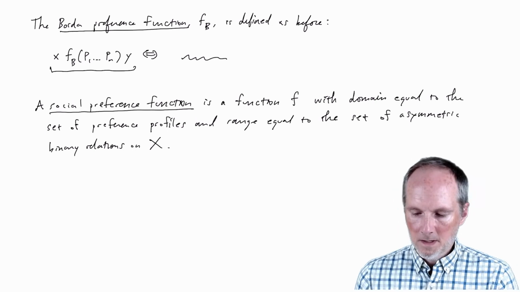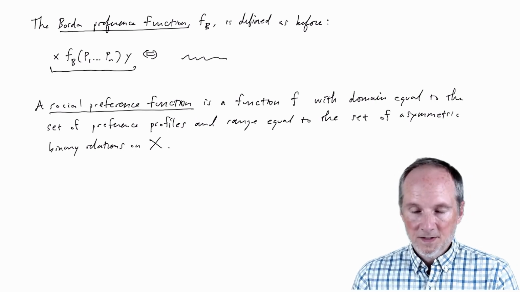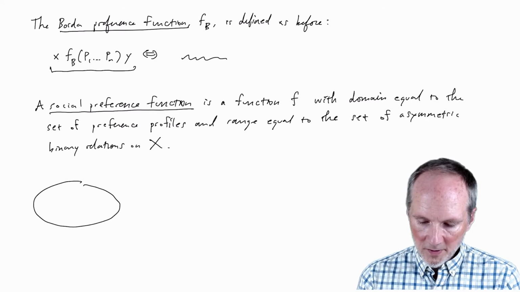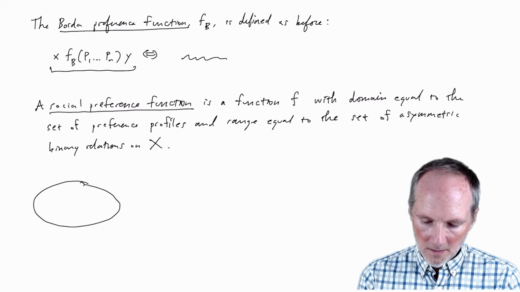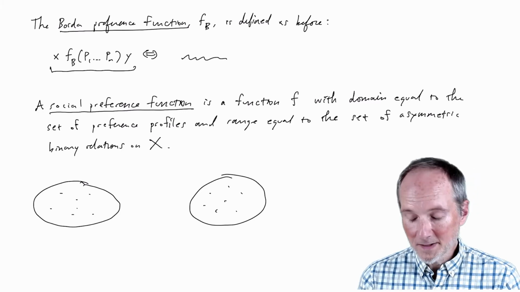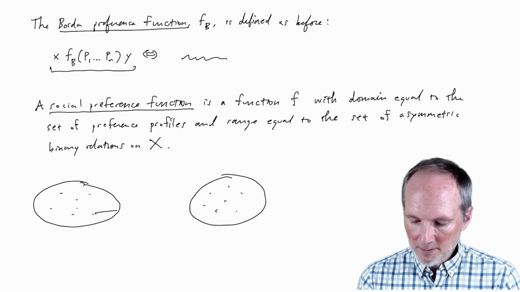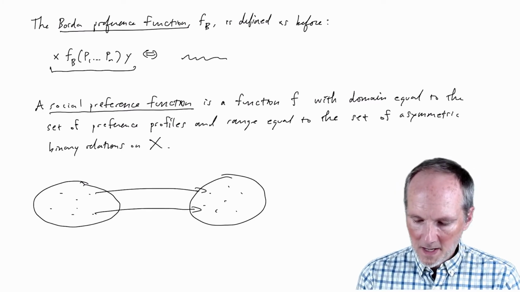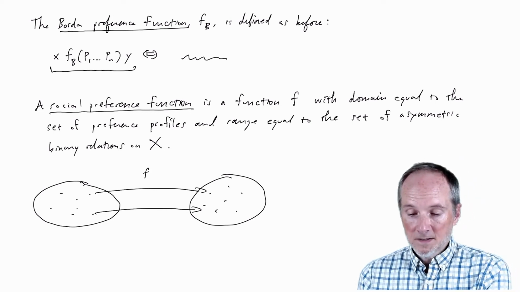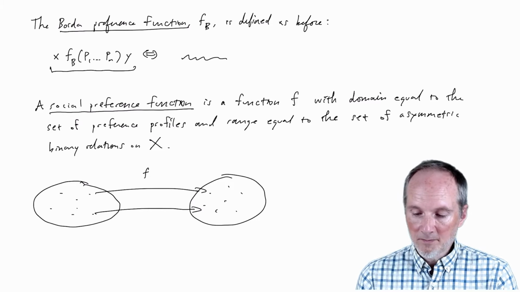Okay? It's just what we drew above, right? When we were talking about majority rule, we had a domain of preference profiles and a range of asymmetric binary relations, and a social preference function just assigns a social preference to each preference profile.